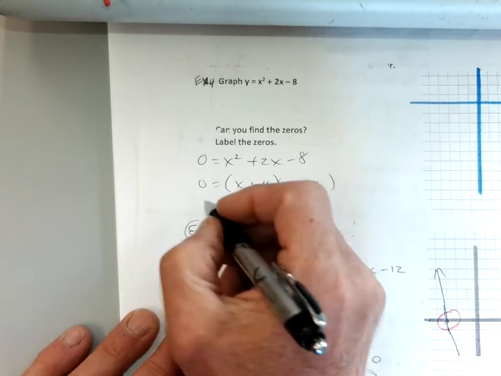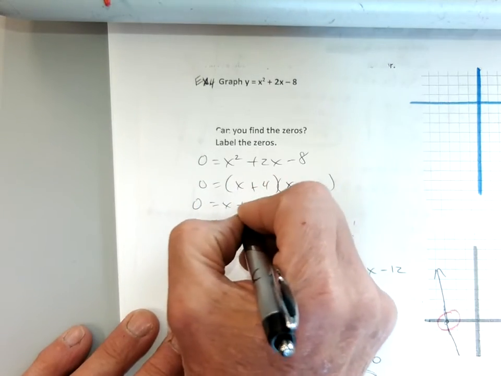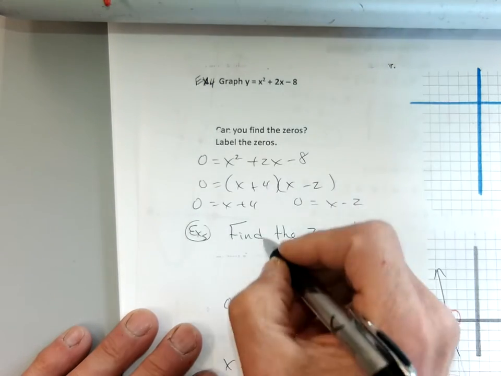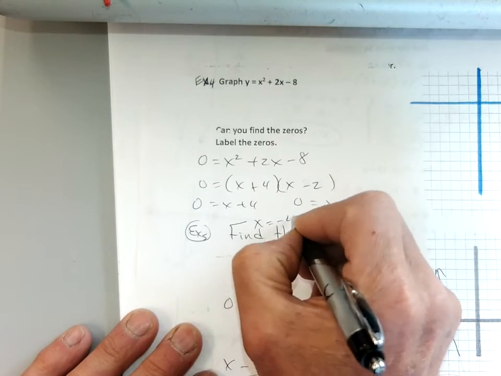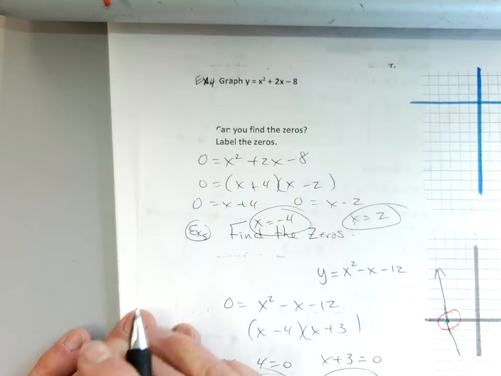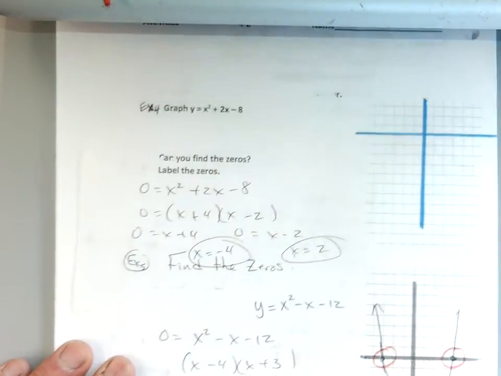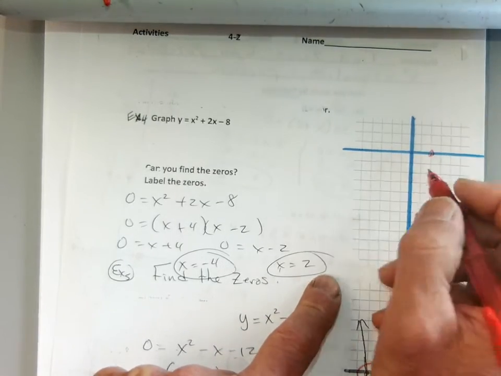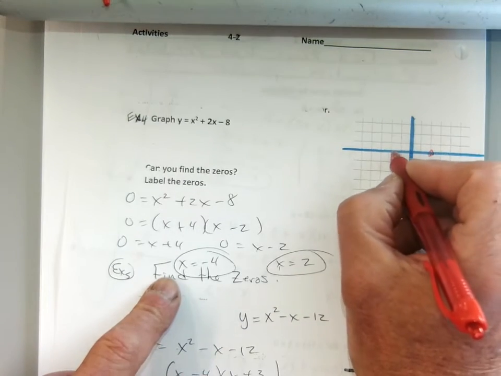I've got my mini equations, my other mini equations, and of course, one answer is x equals negative 4 and x equals positive 2, right? Those are my zeros. Well, I can graph those. So I'm going to have 2 and 1, 2, 3, 4.